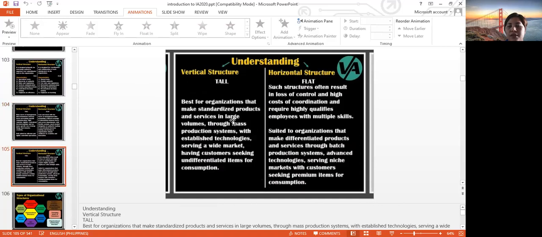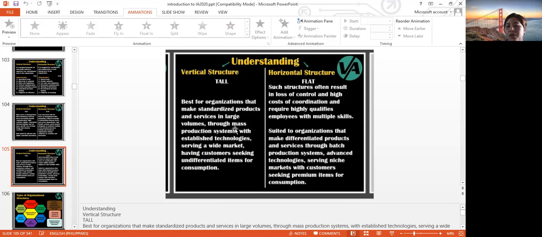So vertical structure is best for organizations that make standardized products and services in large volumes, with mass production systems, established technologies, serving a wide market, having customers seeking undifferentiated items for consumption. Again, when is this vertical structure best?